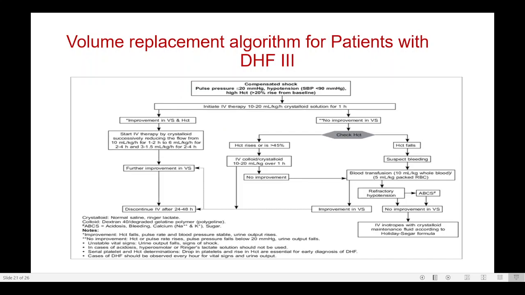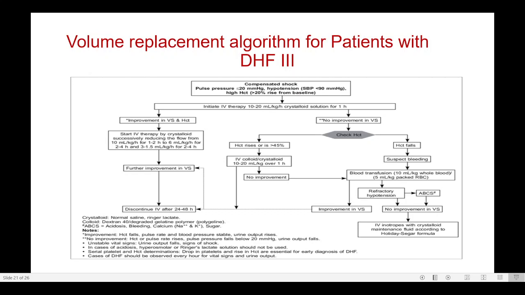Now coming to the volume replacement algorithm for patients with dengue hemorrhagic fever grade 3. Grade 3 means compensated shock, which is manifested by decreasing systolic blood pressure, low pulse pressure, and high hematocrit rise.